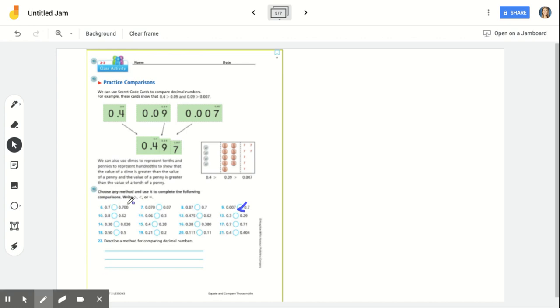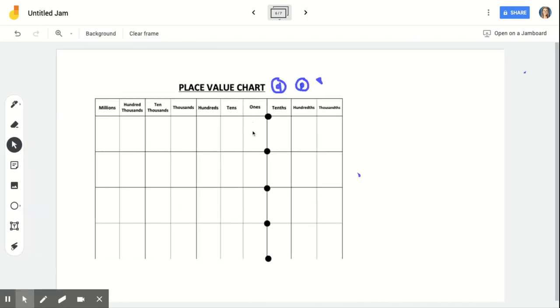7 tenths compared to 700 thousandths. Let's go to our place value chart and add in those two values. Does your place value chart look like mine? Remember the rule: we can continue adding zeros at the end of decimal digits and it won't change their value.